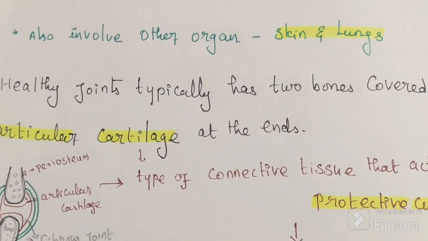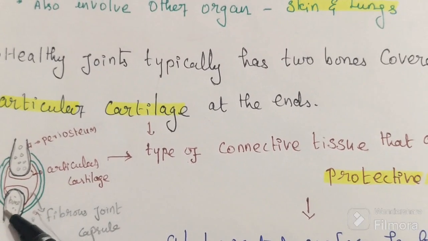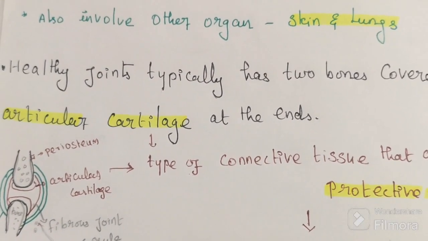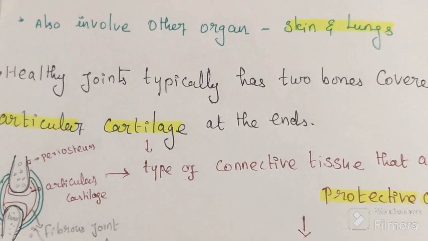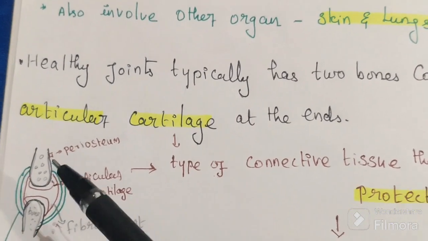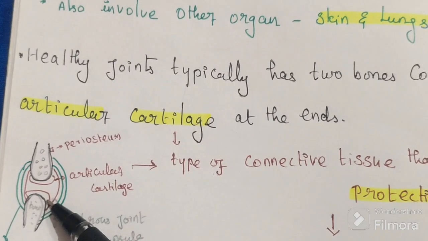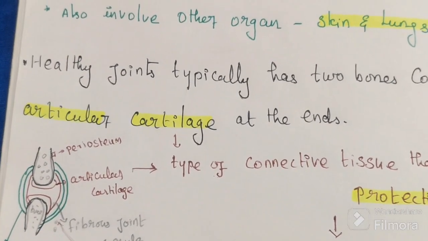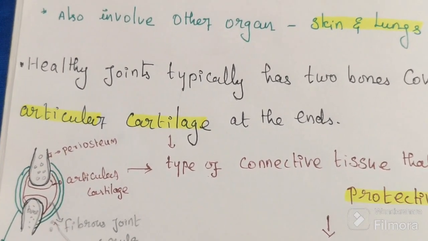So a healthy joint, this one is the healthy joint, has two bones covered with articular cartilage at that end.